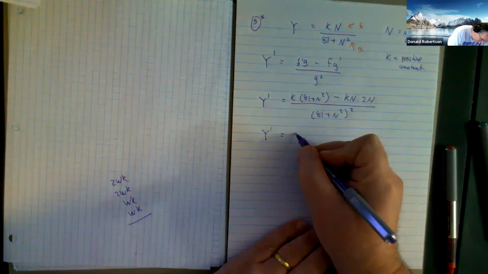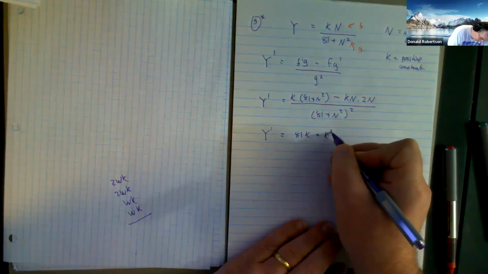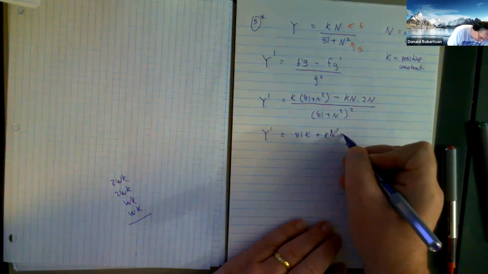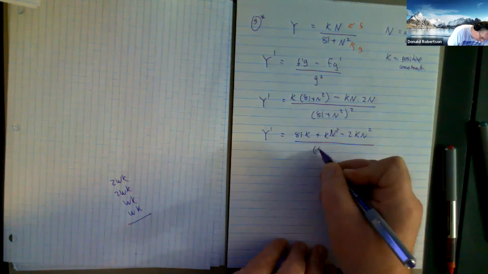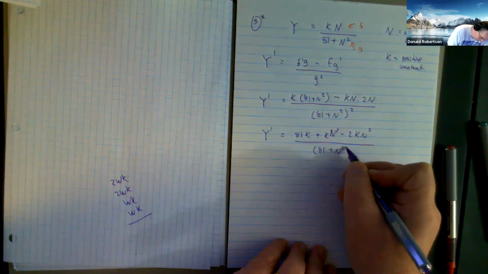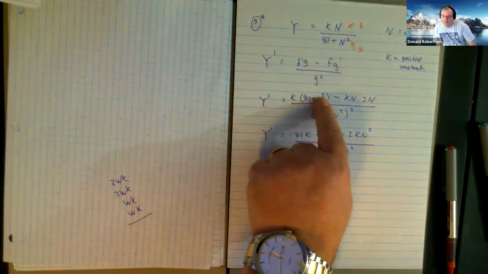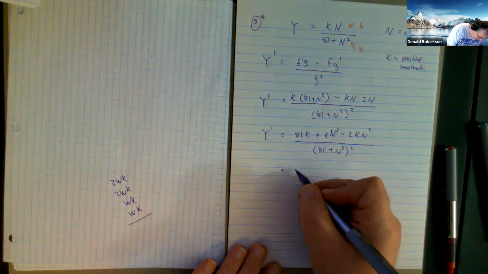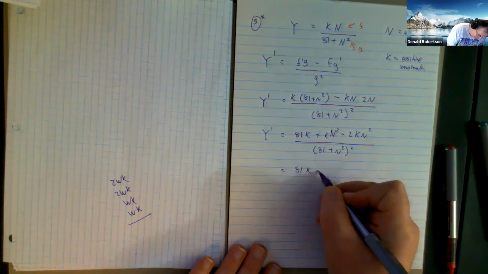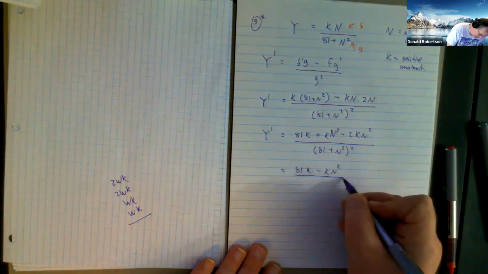Distribute, you get 81k plus kn squared, take away 2kn squared, all over 81 plus n squared, squared. So I just multiplied these together, multiplied these together. I'll try and collect some like terms now. That kills off one of those. And now you're looking at that.